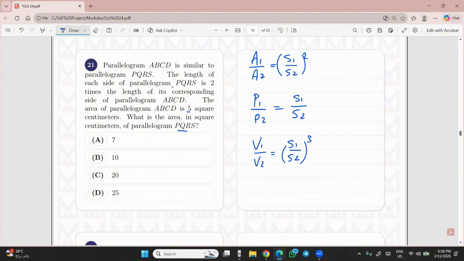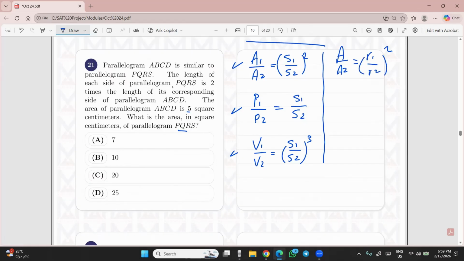So remember these three relationships. This one is the area of a 2D shape, this is the perimeter of any polygon, and this is the volume of any 3D figure. But if you consider circles, we have area 1 over area 2 equal to radius 1 over radius 2, all squared.